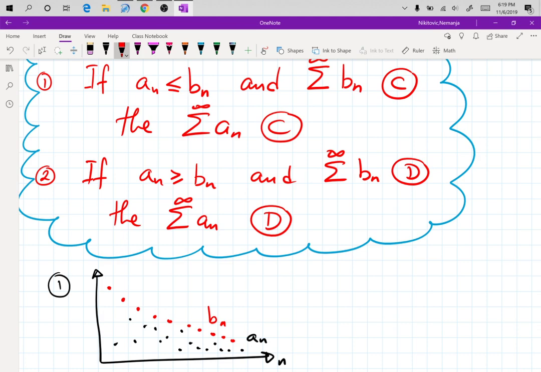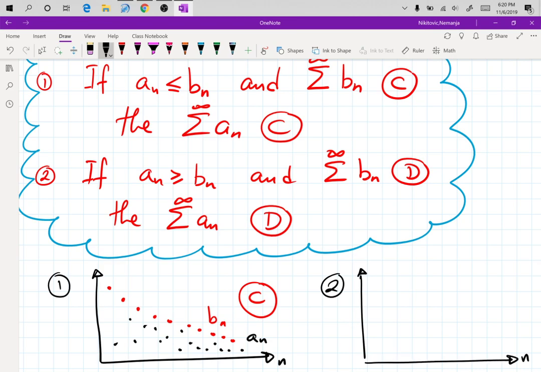So this is the convergence one. And you see that your comparison will be like that. And now for number 2, which is the second line in the cloud, we have the opposite thing. Your an again. So now you still have this an that is all over the place, right?